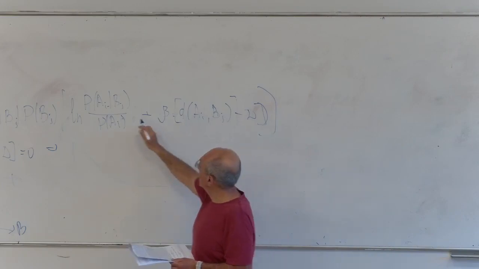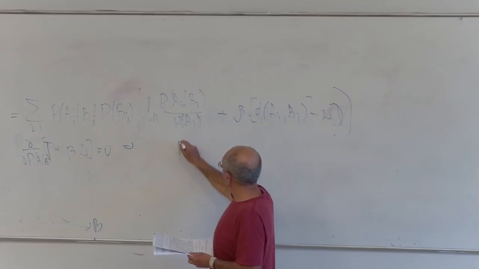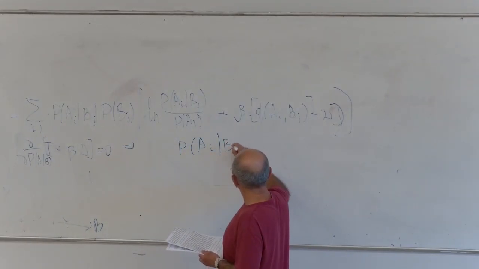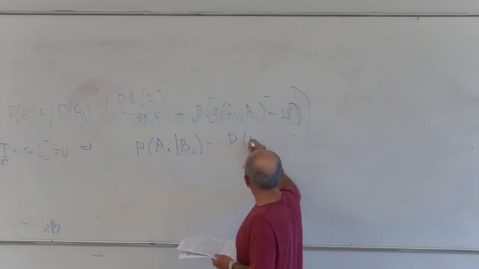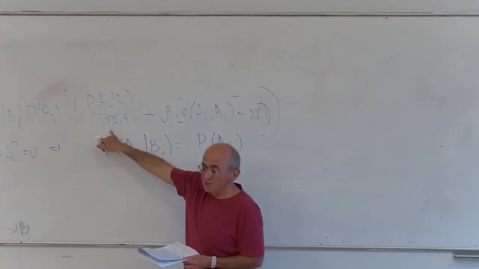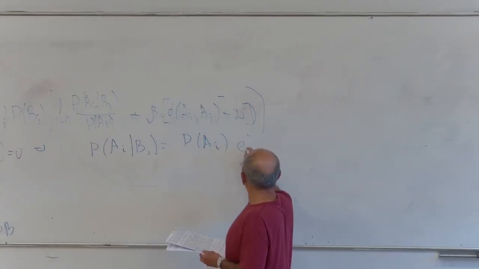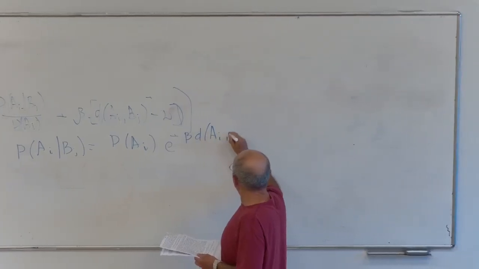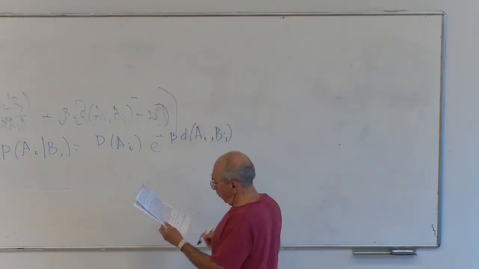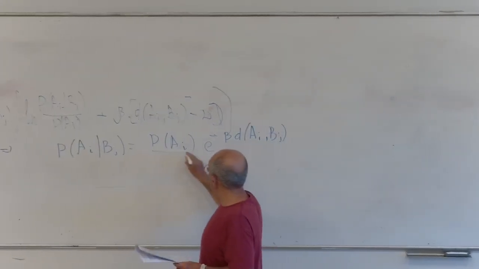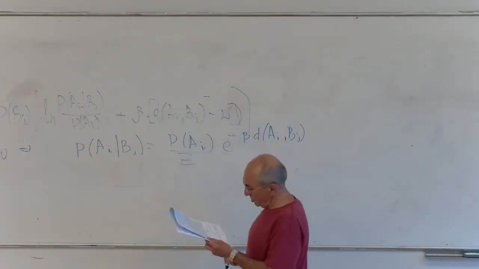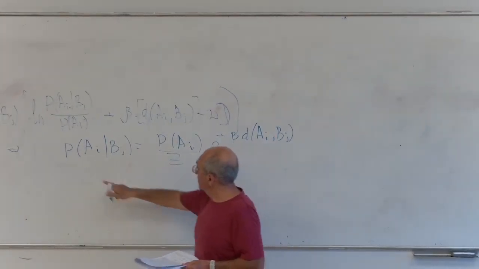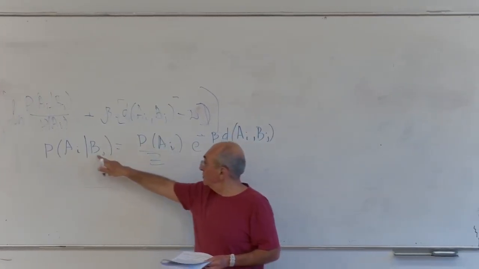And that's precisely how you find out that the probability of a_i under given b_j is the probability of a_i, which is this one, times exponent minus beta d of a_i and b_j, and of course divided by some partition function, which, because it's a probability of i, cannot depend on these values, right?